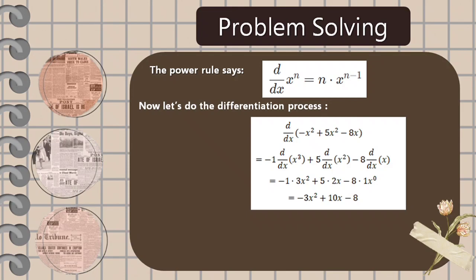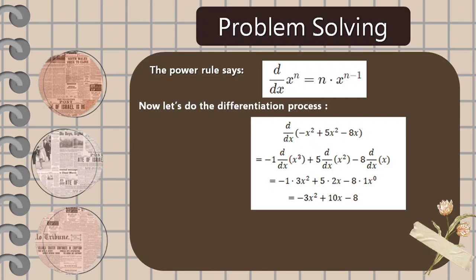First, we need to apply the basic differentiation rules. So that would be negative 1 times the derivative of x to the power of 3, plus 5 times the derivative of x to the power of 2, minus 8 times the derivative of x.